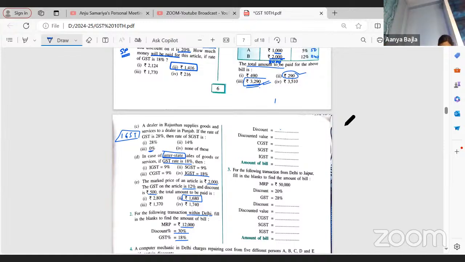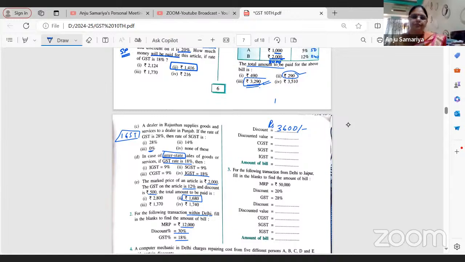Discount is 3,600. Very good. Then rupees. What is discounted value? Discounted value means the mark price minus the discount. 12,000 minus 3,600 becomes 8,400. Very good.